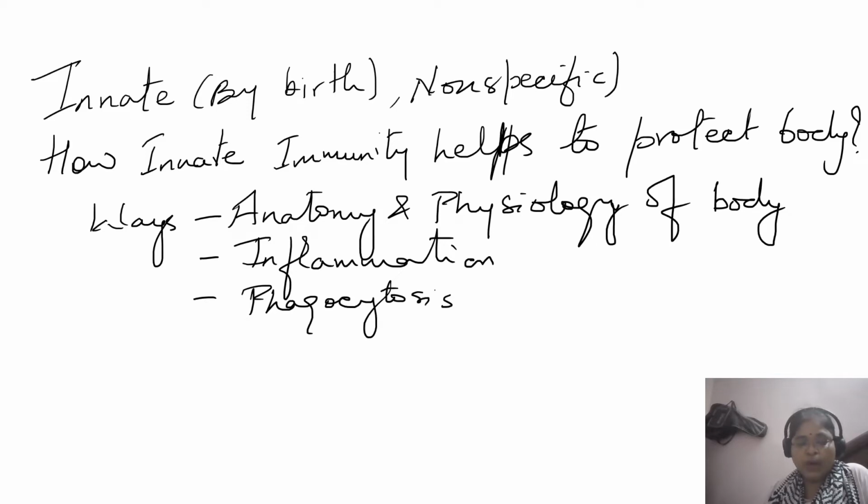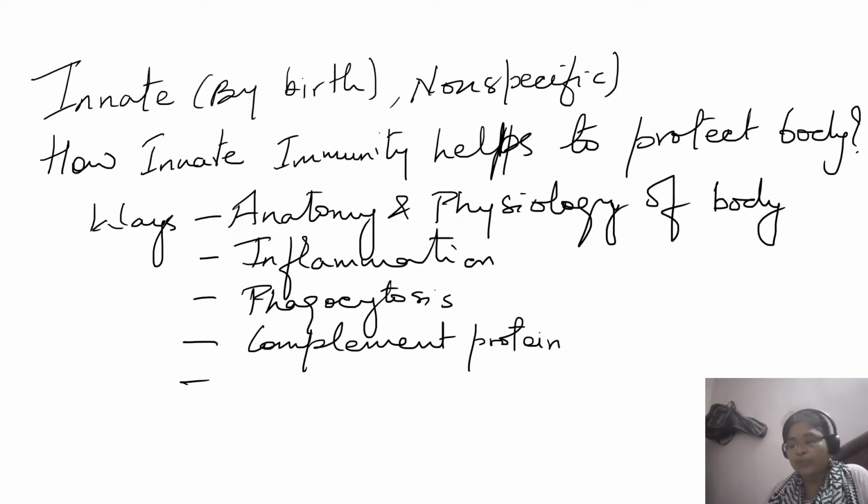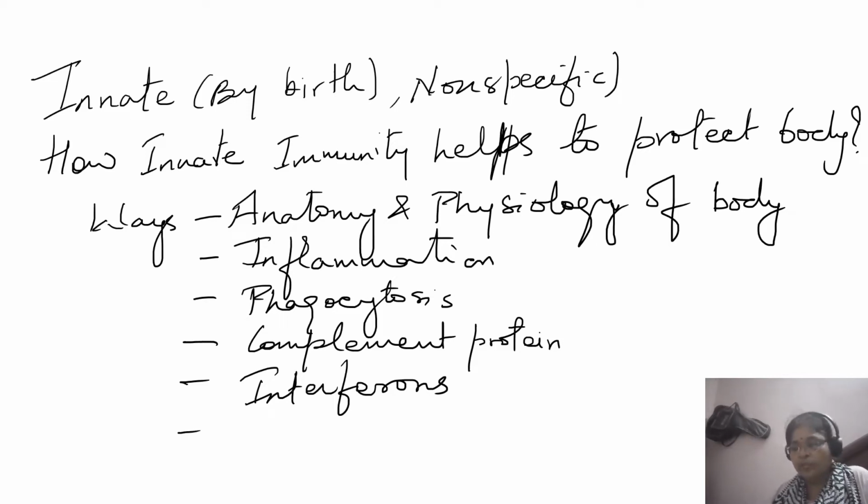I will also deal with how the cells phagocytize and what the different types of cells are which are present in your body which act as phagocytic cells. Then there are complement proteins, but I will talk in detail about complement proteins in one of my videos. And interferons, I've talked about it in the previous video if you remember, but still if you need I will talk about it.